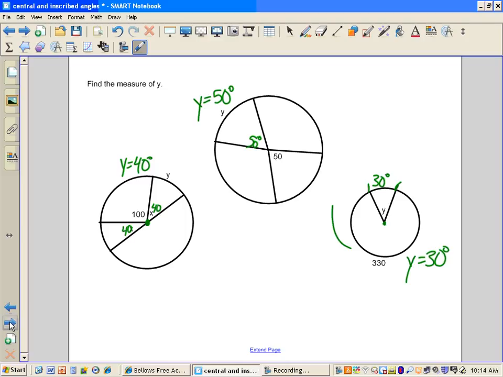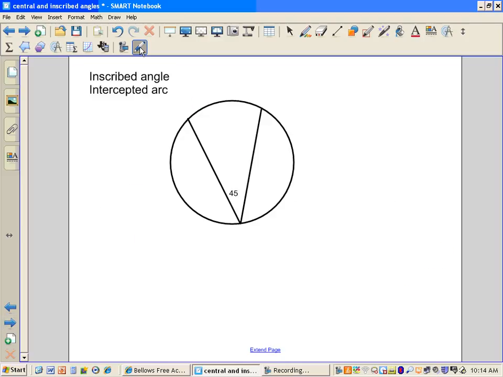Slightly different, and hopefully you can see why, when we have an angle where the vertex is not at the center, here's the center, but the vertex is on the edge, then that's called an inscribed angle, versus a central angle, which was when the vertex is at the center.